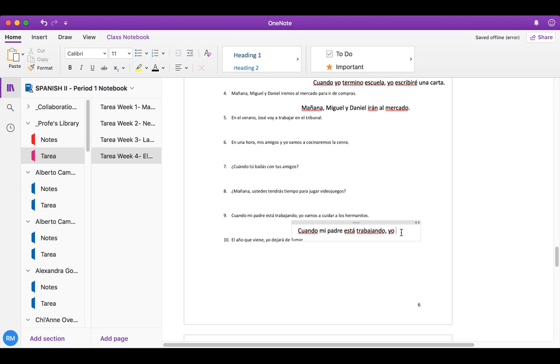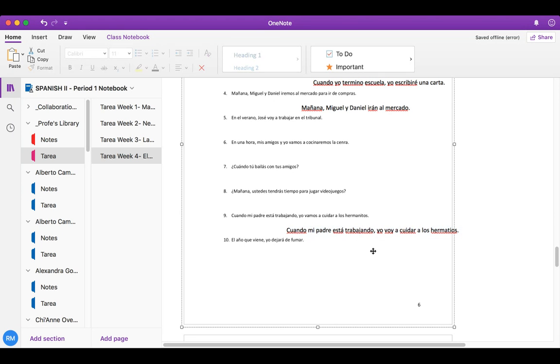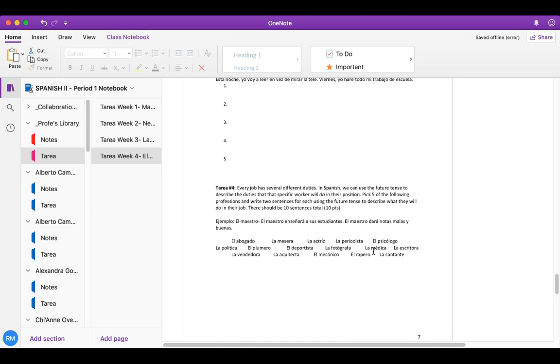So instead of yo vamos a cuidar a los hermanitos, yo vamos a is we are going to take care of them. But mi padre está trabajando. So I need to change that to yo voy a cuidar a los hermanitos. That should sum it up because yo and voy go together. All right. If you have any more questions with this, please let me know.